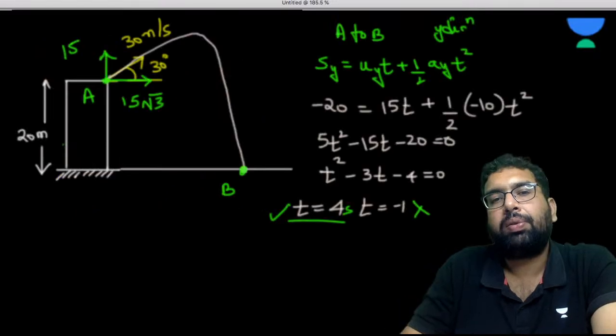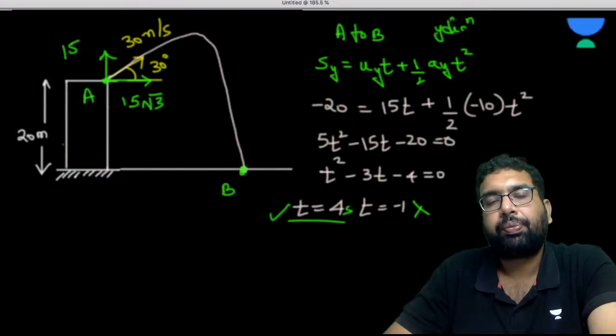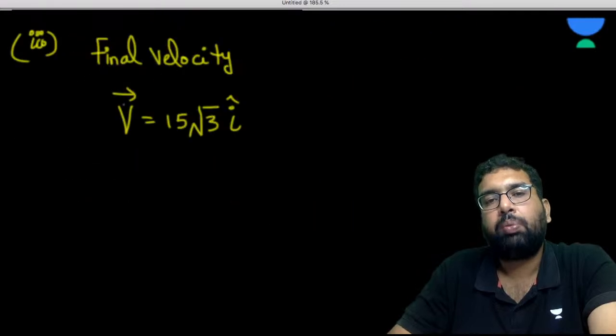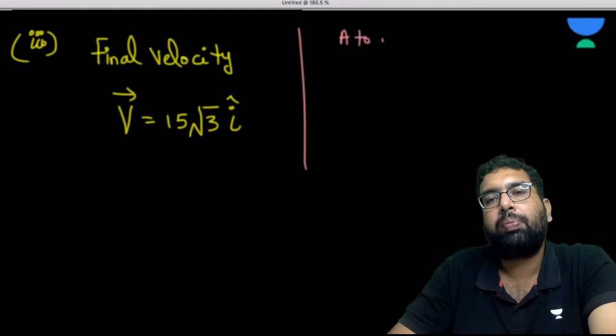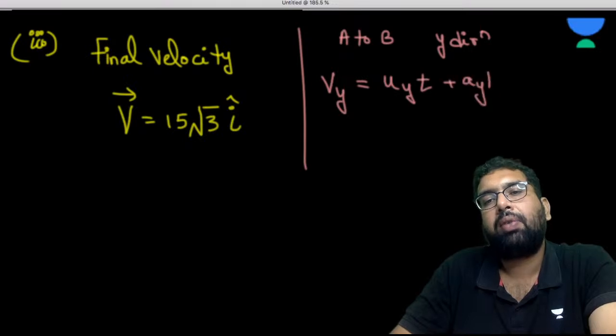Now, see, this is 15. If I consider the motion between A to B in the y direction, the final velocity in the y direction is the initial velocity in the y direction plus ay into t.